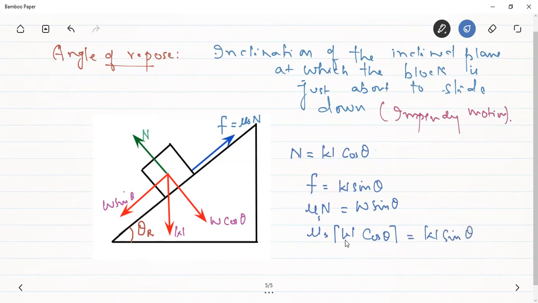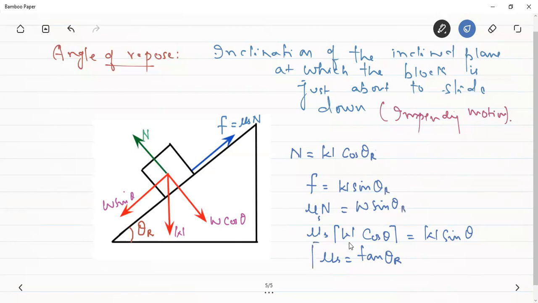The weight term will cancel out, and we will be left with mu s equal to tan theta, and this is a particular value of theta, that is theta r, the angle of repose.